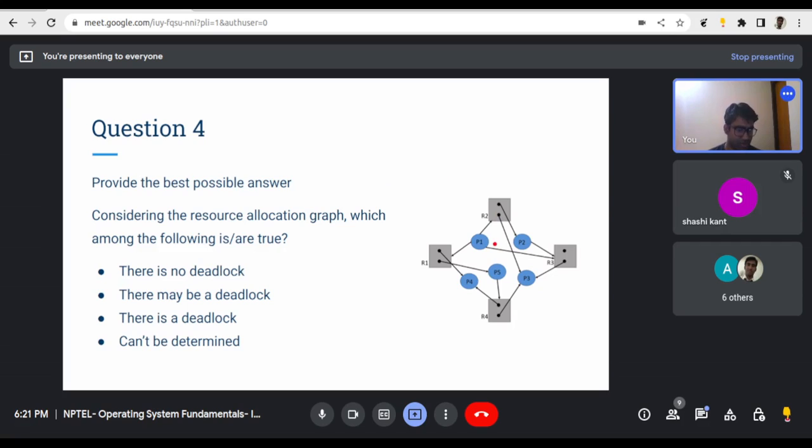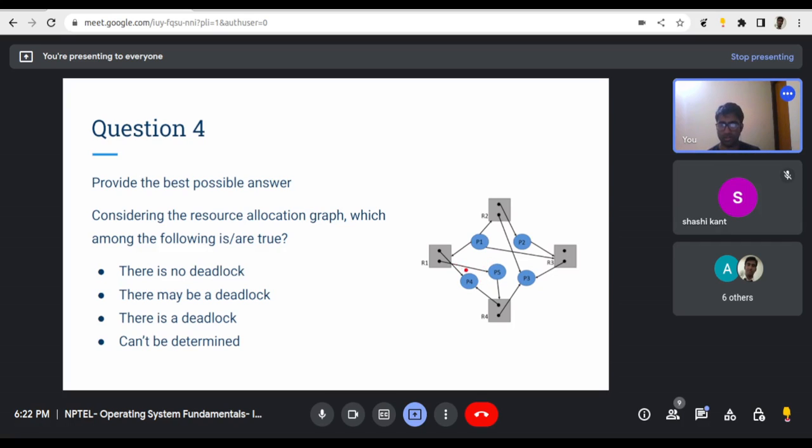Anyone else would like to contribute, by the way? Still waiting for answers. If not, we'll proceed. Okay, let's study this graph.